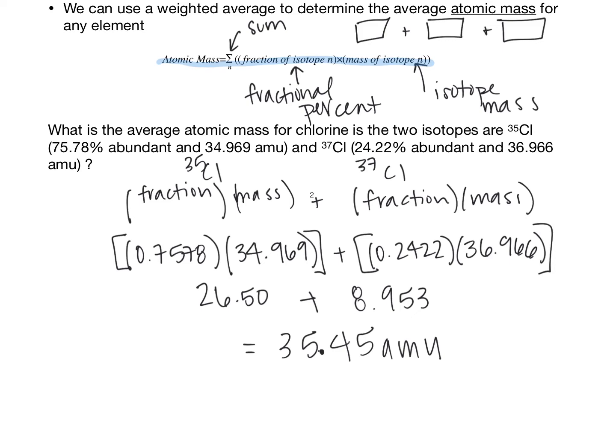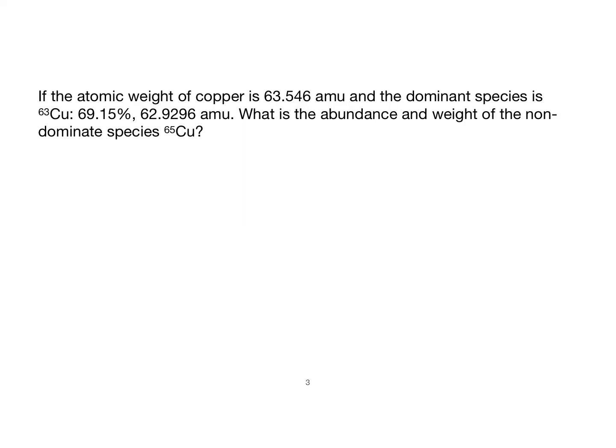So let's look at another example. In this case, we have the atomic weight. The atomic weight of copper is 63.546 atomic mass units, and the dominant species is copper 63, which is 69.15% abundant with a mass of 62.9296 atomic mass units.